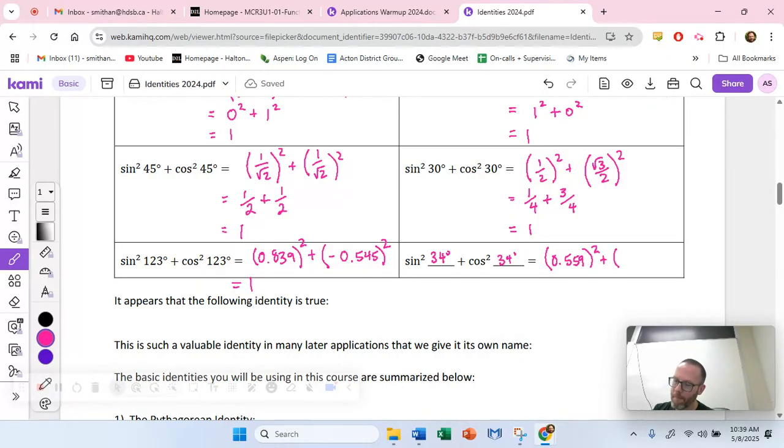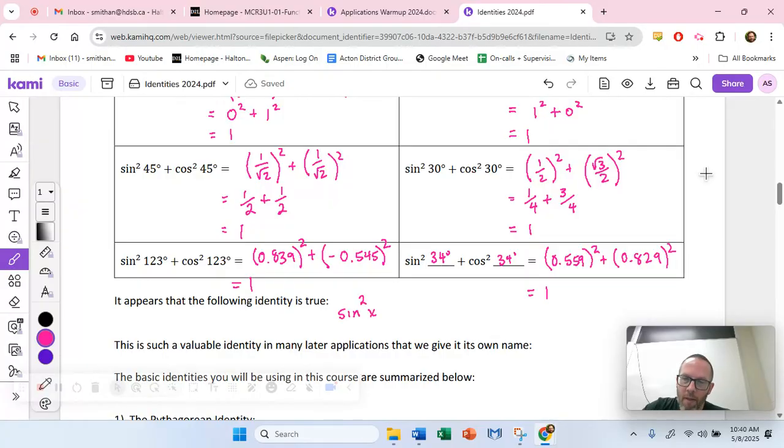Cosine of 34, 0.829. You guys should be picking your own number, or at the very least, verifying this one with me. 0.999722. I got 1.